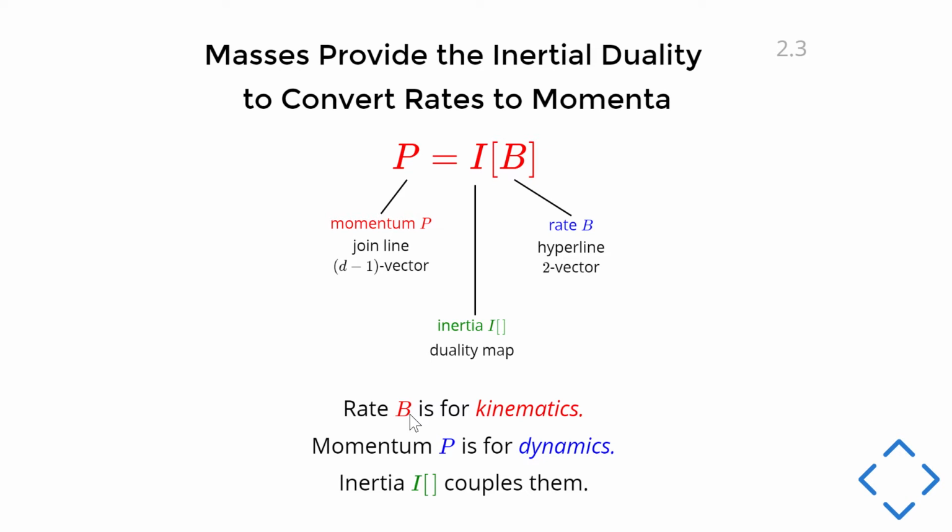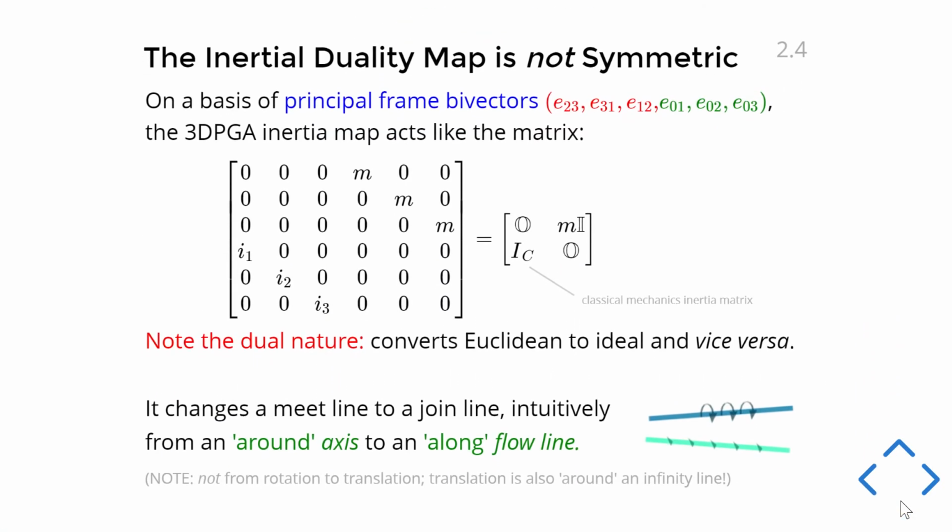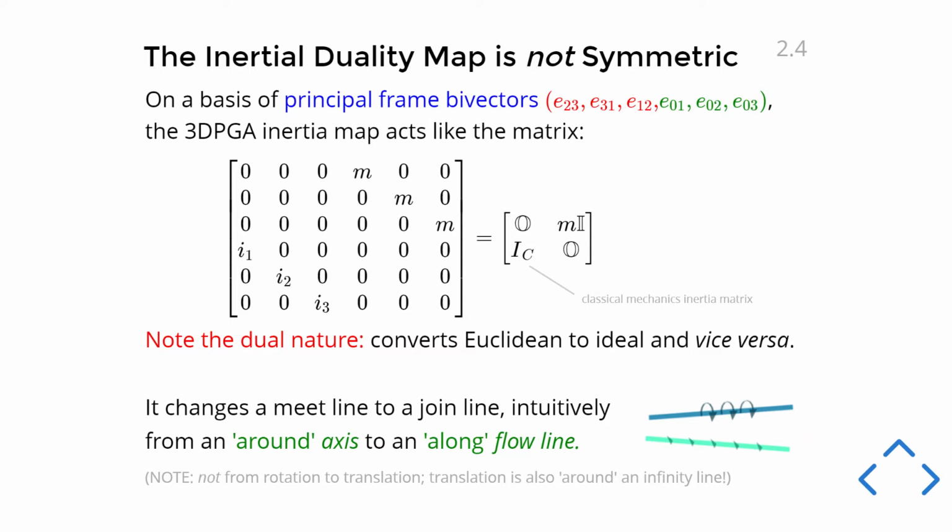You can say that the rate, how fast things move and what the consequence of that movement is for the total movement, is kinematics, and depends on the geometry, and the P contains the masses and is for the dynamics, it depends on the masses. The map between the two is the inertial duality map, and it really is a dual thing.